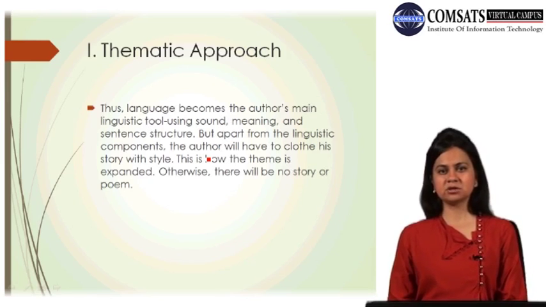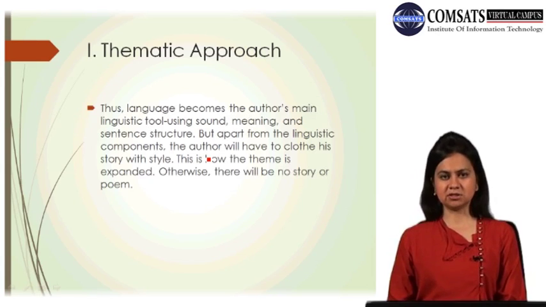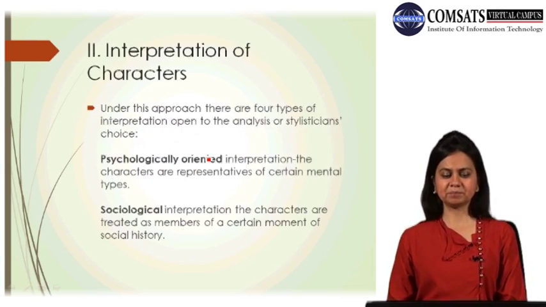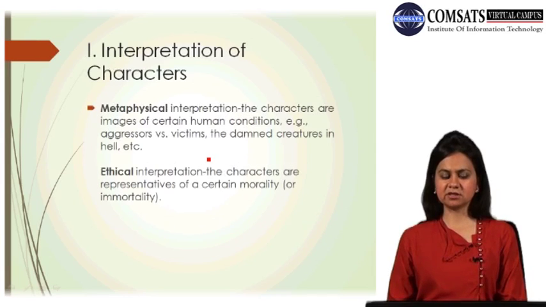When a literary stylistician approaches a text in order to understand the characters, he looks at the characters from various dimensions. That again would be about the psychology of the character, the social life of the characters, the metaphysical and ethical leanings of the characters.